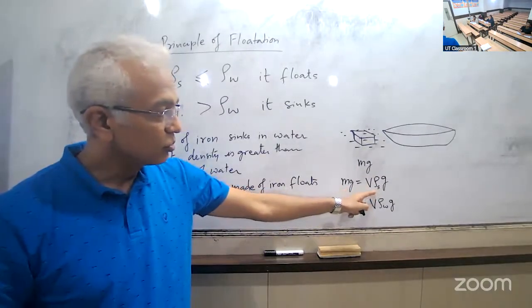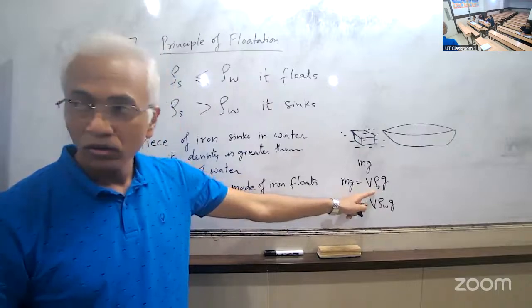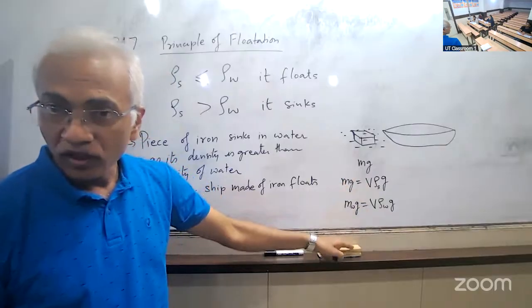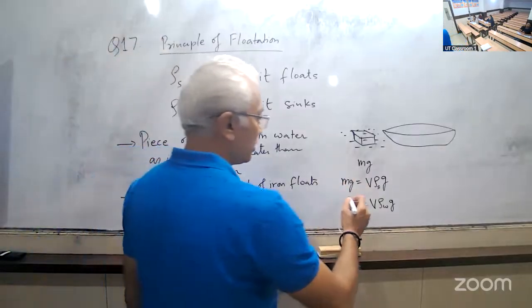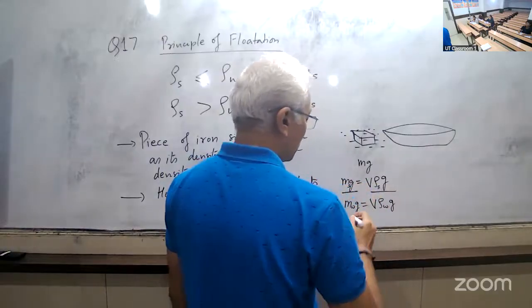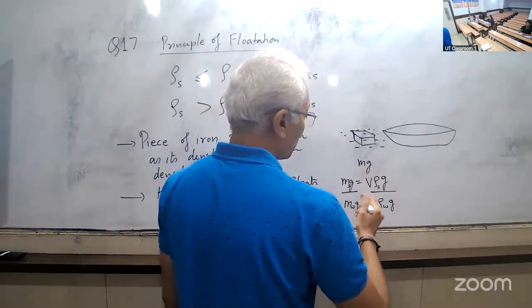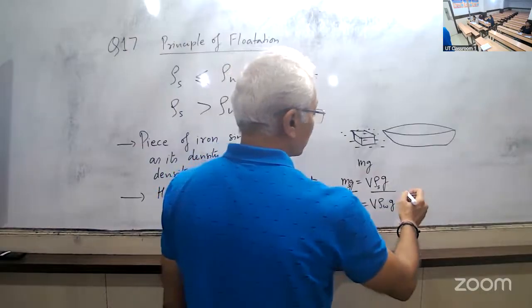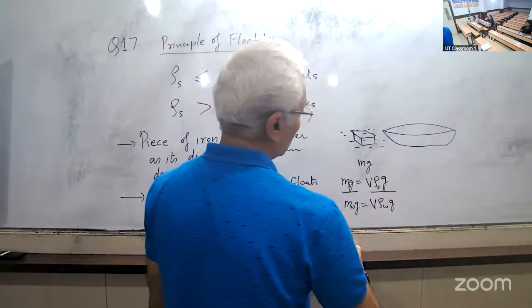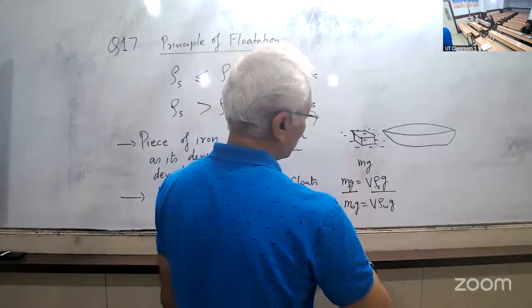The weight whose density is more, although the volumes are same. So if you compare mg versus m_w g, for a floating object, this should be equal.